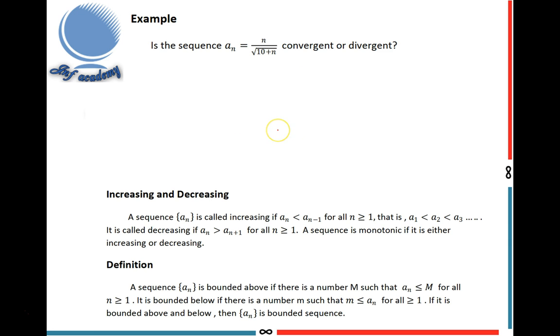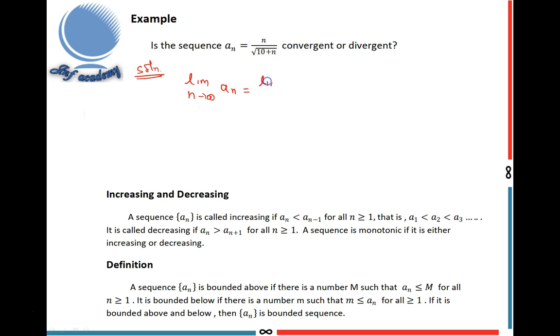Next, one example. We have to check whether the sequence an equals n by root of 10 plus n is convergent or divergent. Here I use the definition of convergent sequence. First I find the limit n tends to infinity of an. If it exists, then the sequence is convergent, otherwise it is divergent.